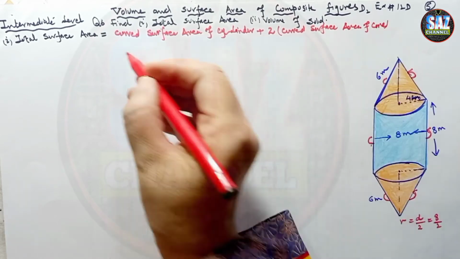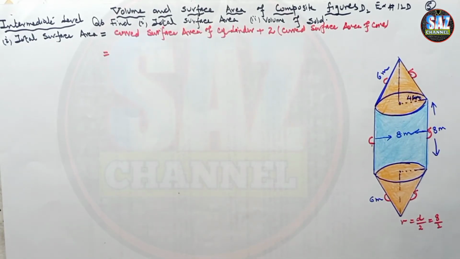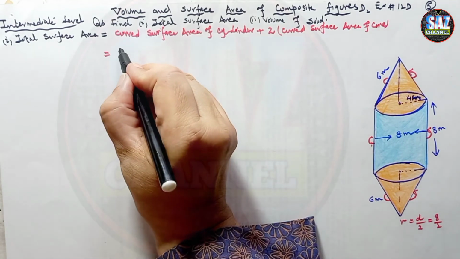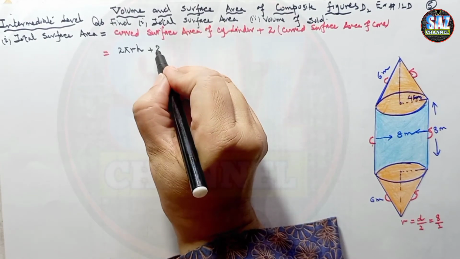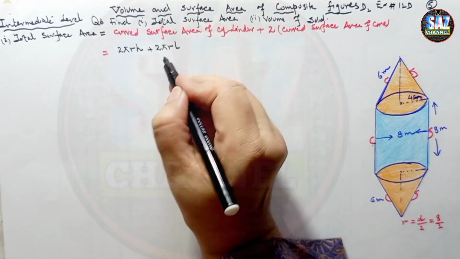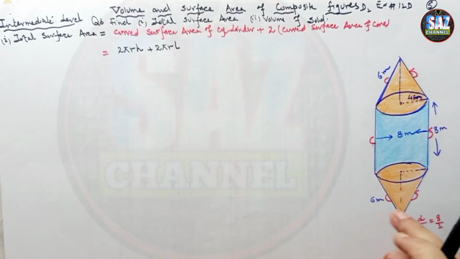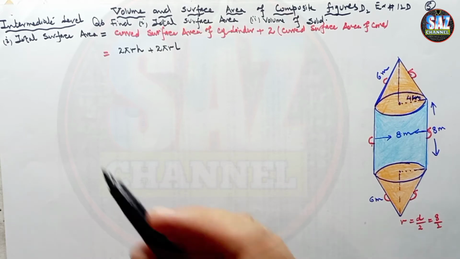Now it's time to replace the formulas carefully. 2 pi r h for the curved surface area of the cylinder, plus 2 pi r l. I hope you are clear why I'm using this 2, because the cones are identical. We have the same cones, so we will find the surface area of one cone and multiply that by 2.